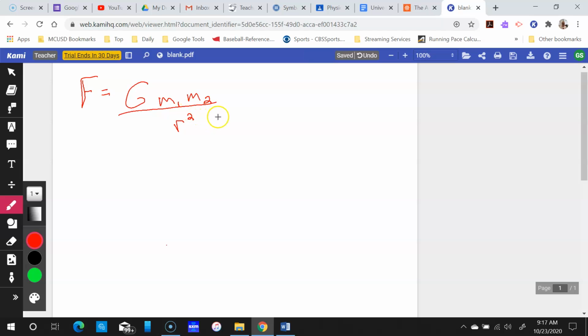I will make a note that in the equation you saw in your notes, it's using R, but in the Physics Classroom they just use the variable D. The reason why R is used is because you're looking at the radius, from the center of one object to the center of the other. All right, so to solve this first problem, this is 12A.